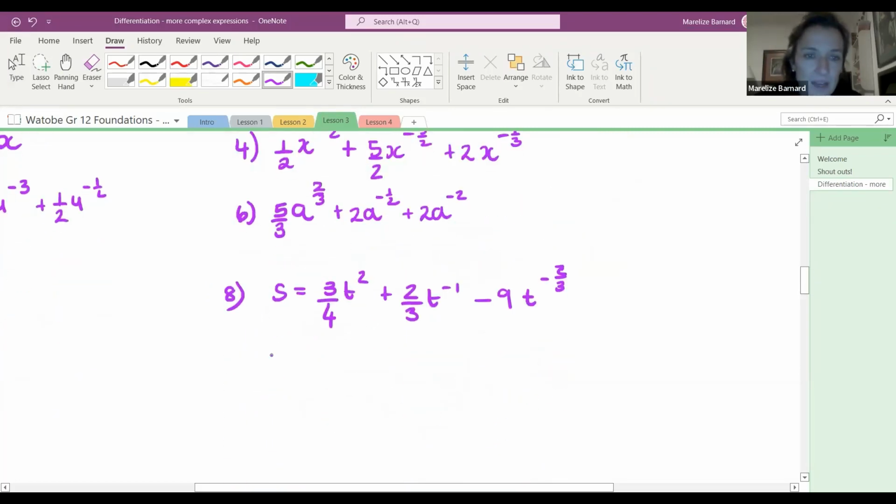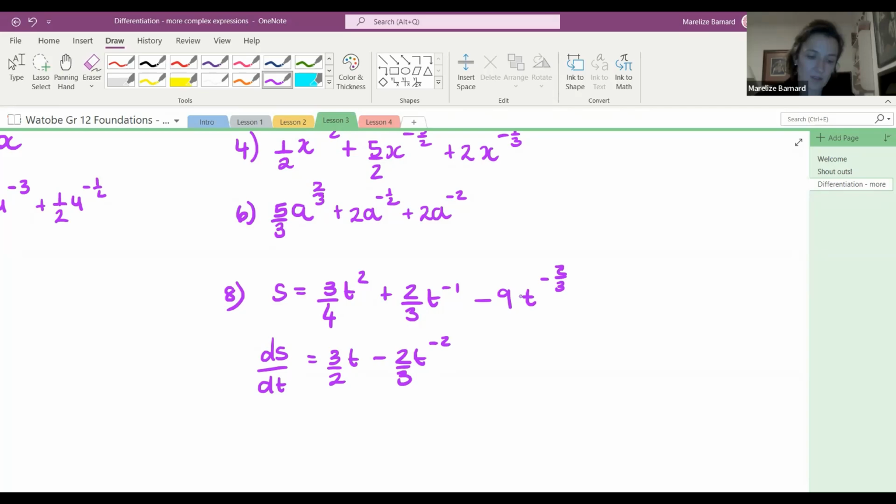So ds by dt is 2 times 3 over 4 gives me 3 over 2t. This is minus 2 over 3t to the minus 2, because we are subtracting 1 from the exponent. And then we go minus 2 over 3 times the minus 9, so that I don't make a mistake.